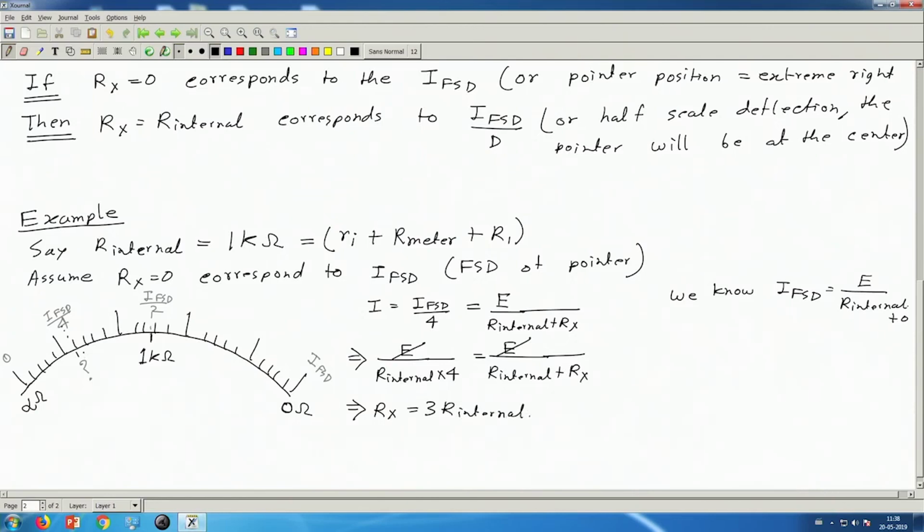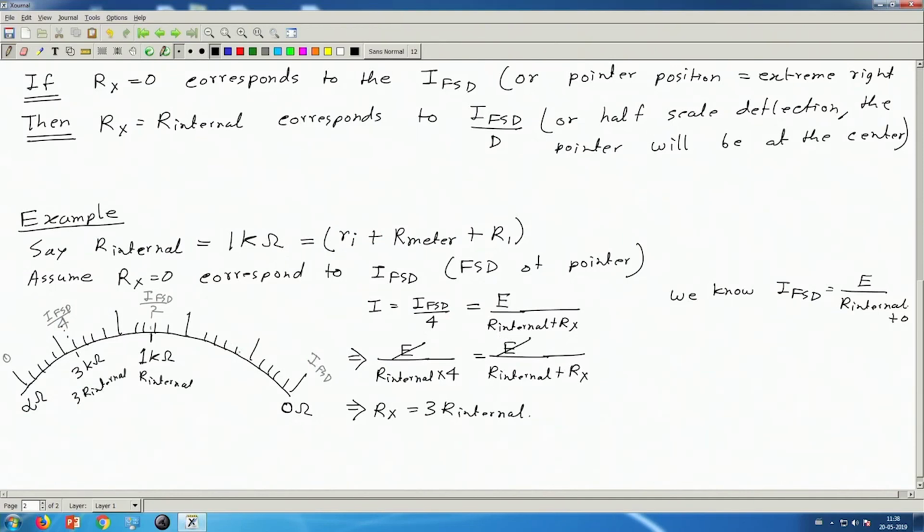So, this point I can write as 3 times R internal, meaning 3 kilo ohm. So this is R internal, and this is 3 R internal.